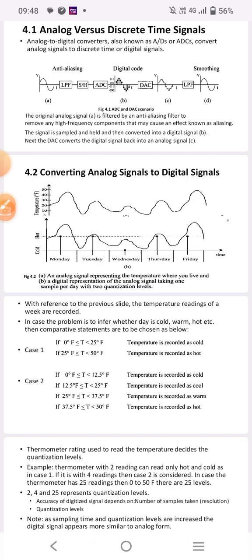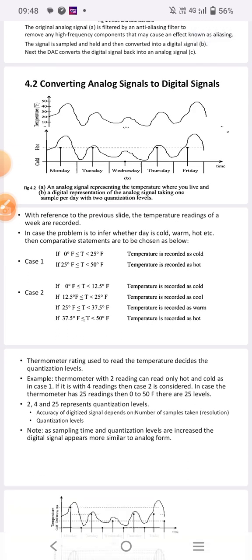Now a cool day means it lies somewhere between these two temperatures. So we are getting more clear information. As we take more levels of the same 0 to 50 degree Fahrenheit range, the information clarity is increasing.